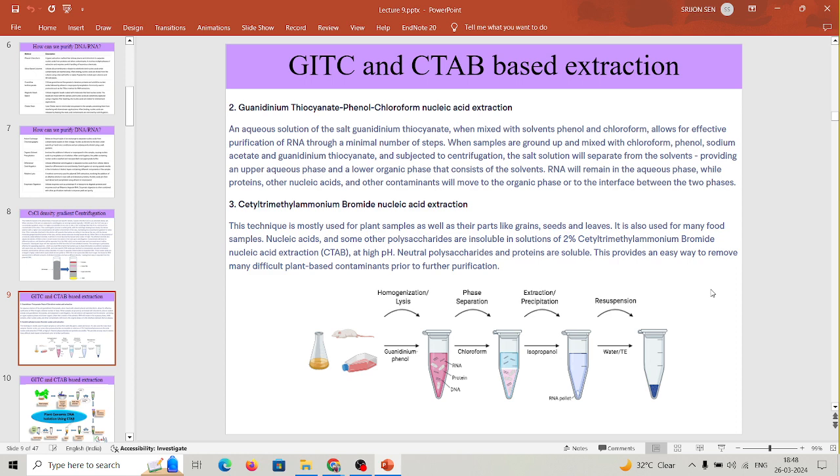So it is very difficult to separate these from nucleic acid, and therefore 2% CTAB is used at a very high pH. Neutral polysaccharides and proteins are soluble, and this provides an easy way to remove many difficult plant-based contaminants prior to further purification.